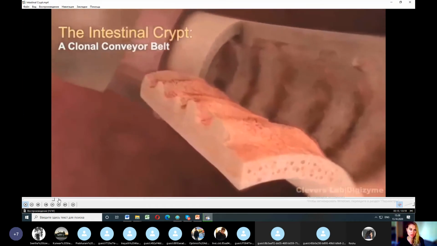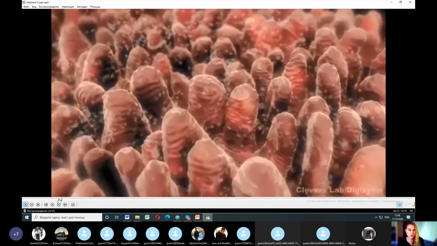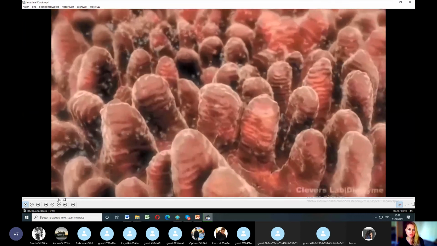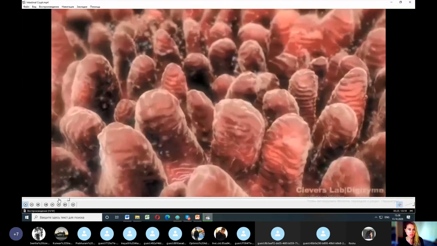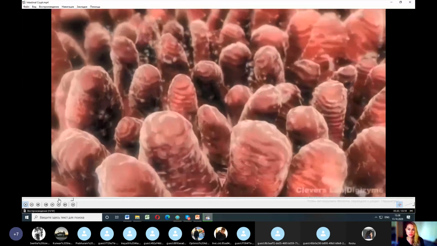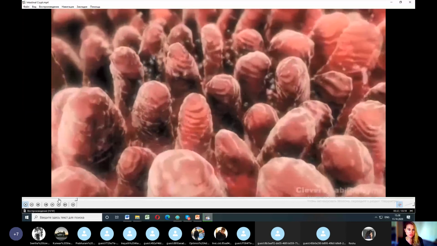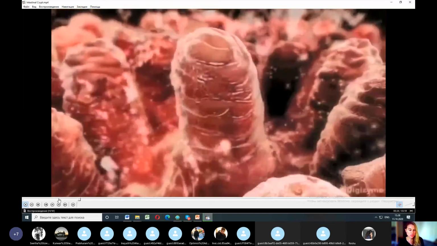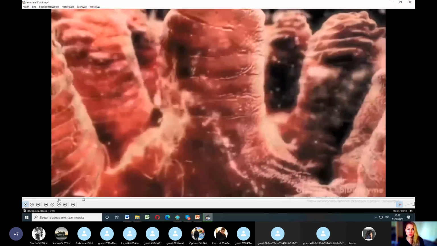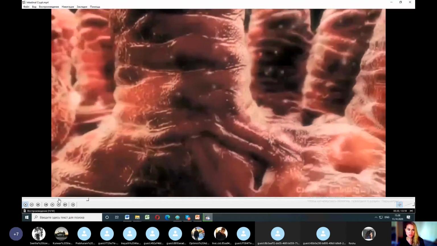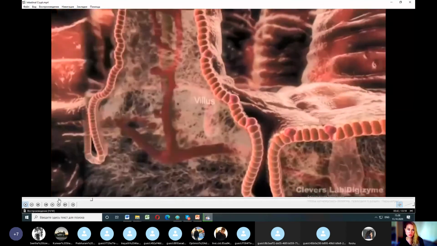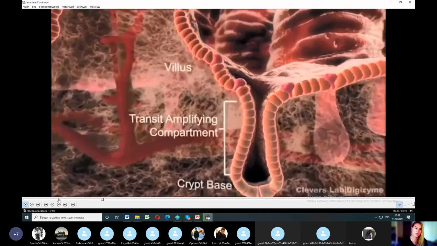So these cells provide regeneration of the epithelium, and in case of any damages, in case of the chemical changes of the other cells, the stem cells are able to replace the damaged area because these cells are able to divide.